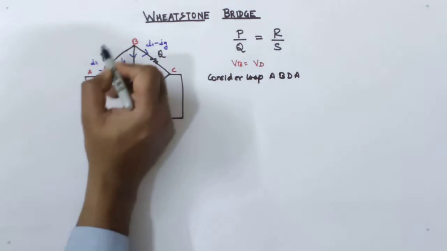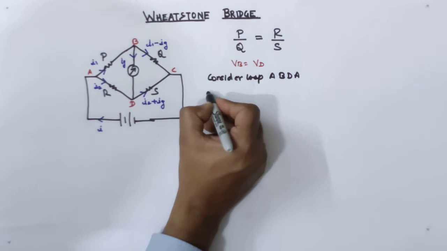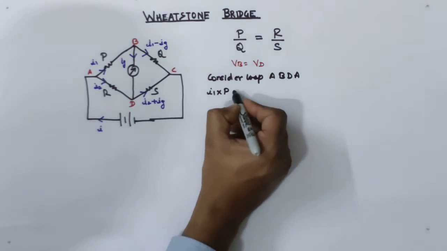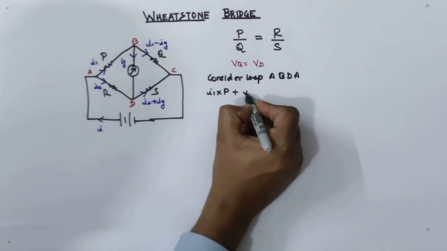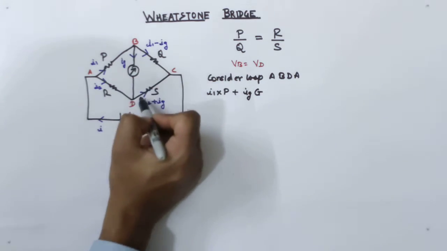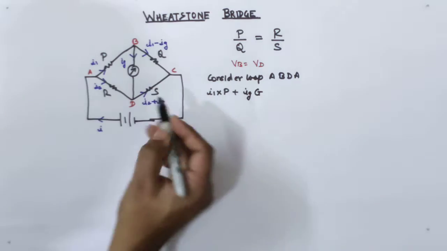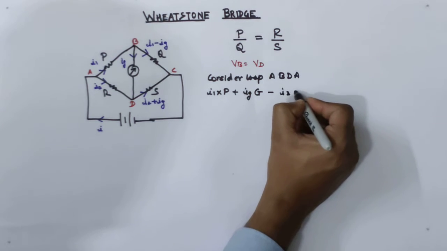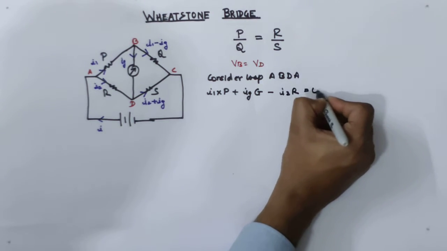Say if I go in a clockwise direction, then I can write I1 into P plus small Ig into capital G, say capital G is the resistance of the galvanometer, minus I2 into R will be equal to 0.